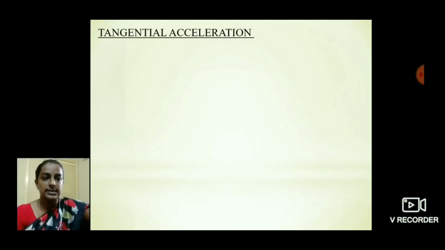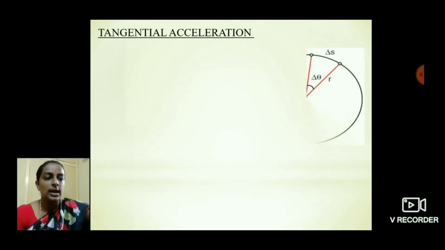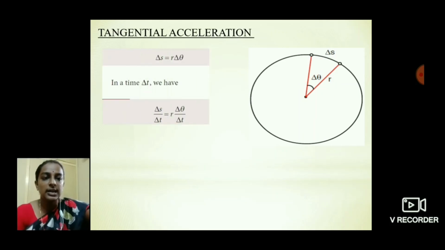Okay, next let's see tangential acceleration. Let us consider a particle moving with radius r. Distance travelled is delta s and angle is delta theta. So delta s can be written as r delta theta in time delta t. Delta s by delta t is equal to r delta theta by delta t.